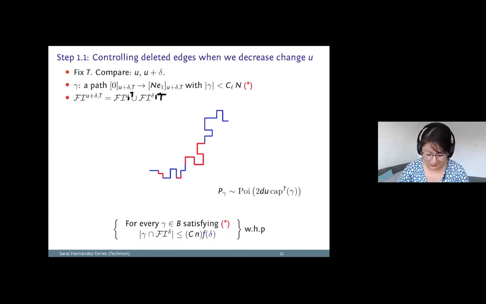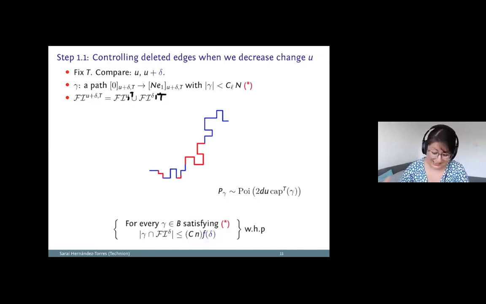And what we can show is that this is smaller than some very big constant, a constant depending on the dimension and on some interval around U, what we are trying to look at. So this is not uniform, this is just continuity in its very local sense. And times a function of delta that goes to 0 as delta goes to 0. Actually, in this case, it's delta.